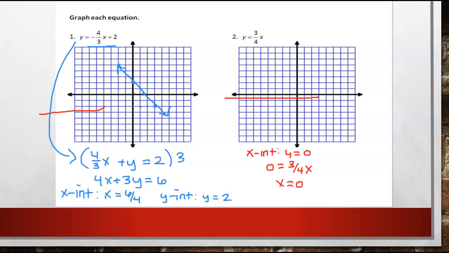So that means that the x-intercept occurs at x and y equals 0, which means that this graph goes through the origin, which means that the x and y intercept is 0, 0 for both. And then our slope again is that 3/4. So you're going to go up 3 and right 4.